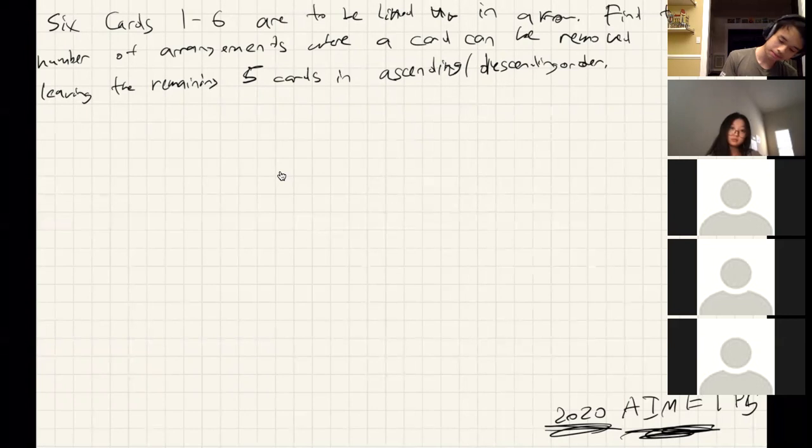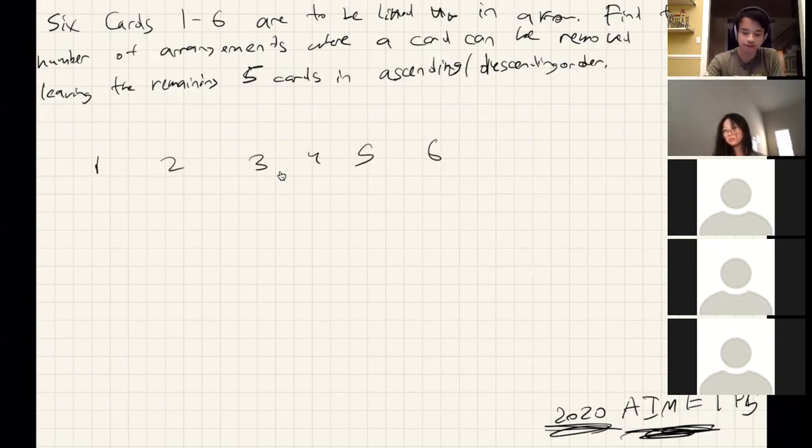So first of all, you split it into 6 cases based on which card you remove that leaves the remaining 5 cards in ascending or descending order, right?